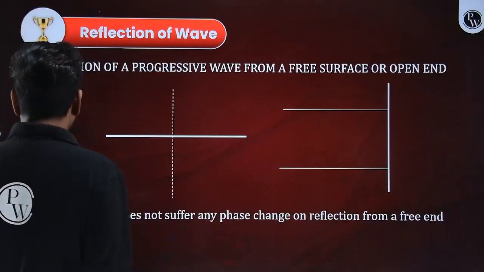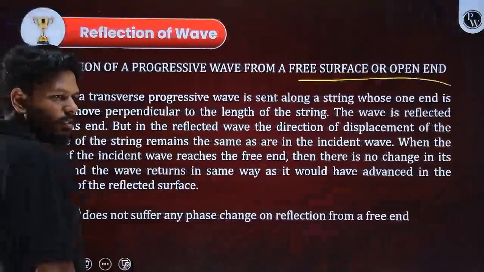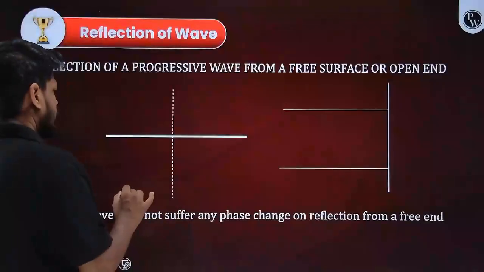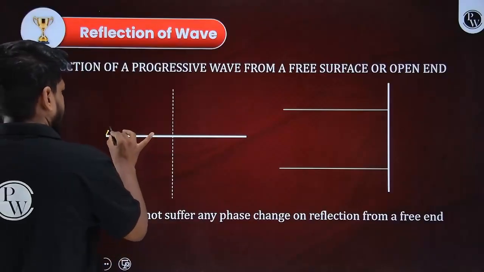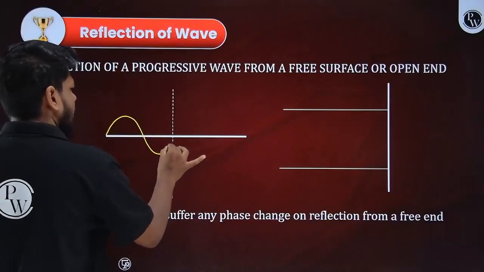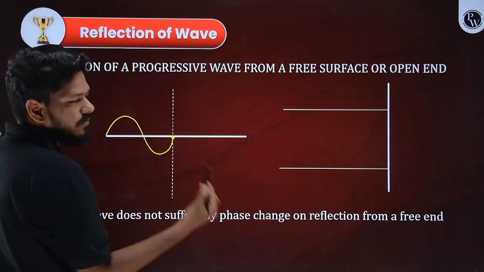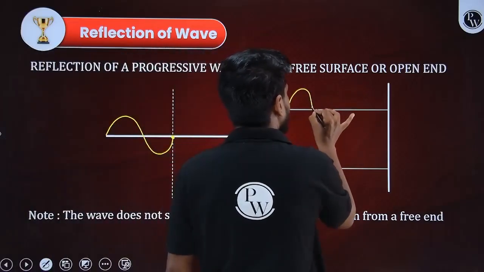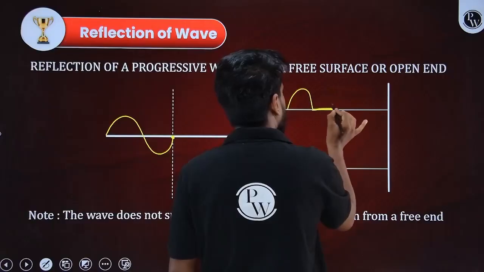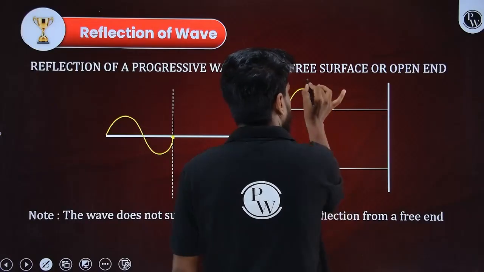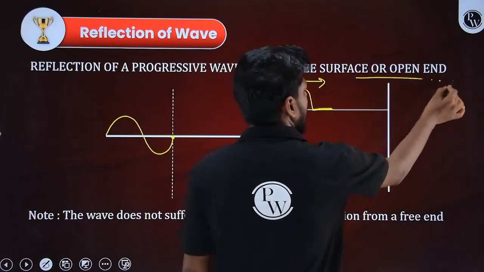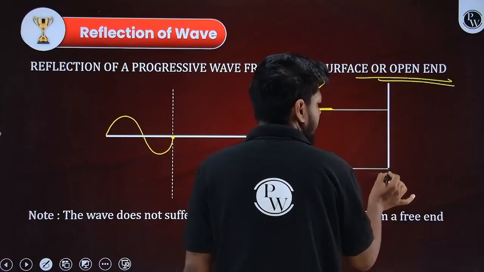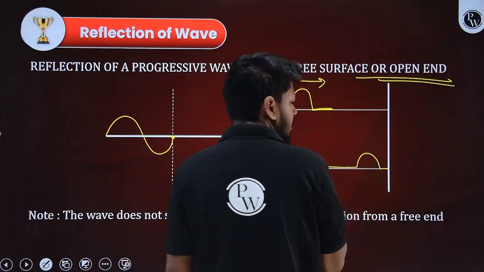If it is an open surface, there will be no phase change, right? So when the wave is going like this, after reflection, what will happen? If my wave is going like this, I am just going to give a pulse. It is going in this direction. If the end is open or free, after reflection, it will come back the same way.